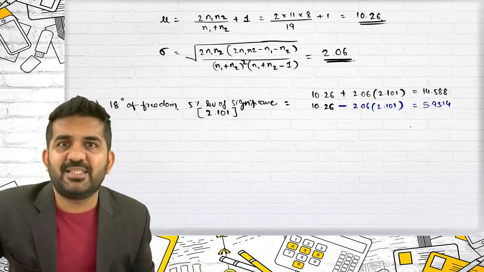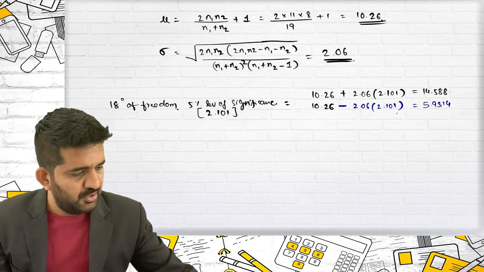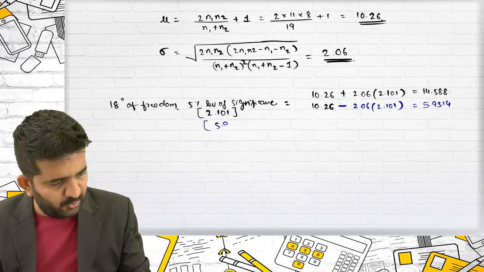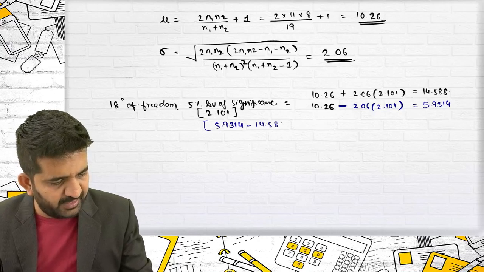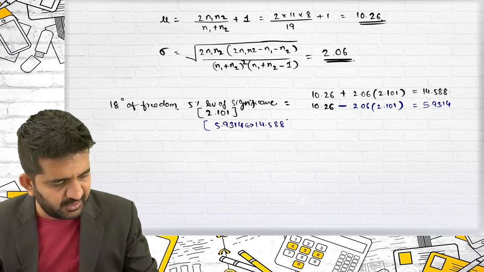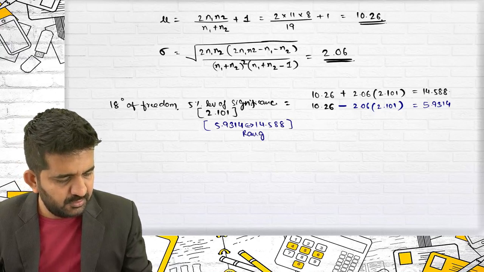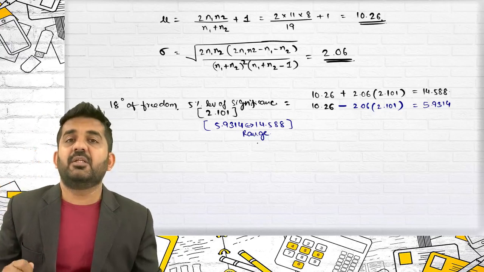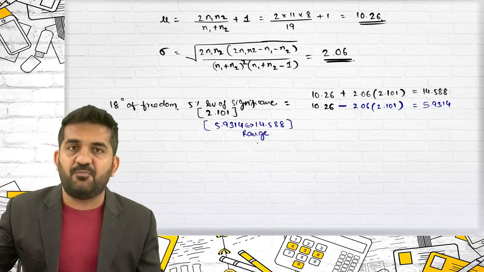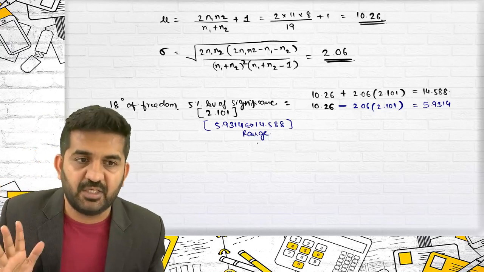The Sensex will change from 5.9314 to 14.588. This is the range for 18 degrees of freedom with a 5% level of significance.